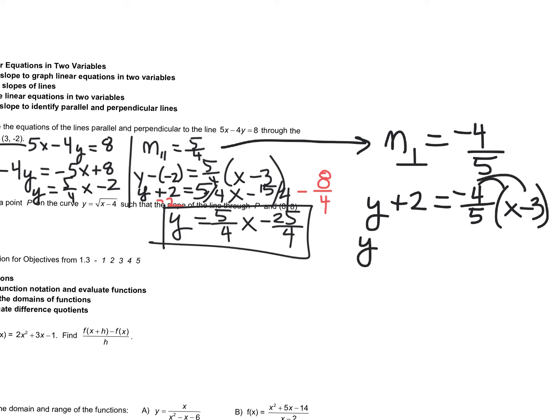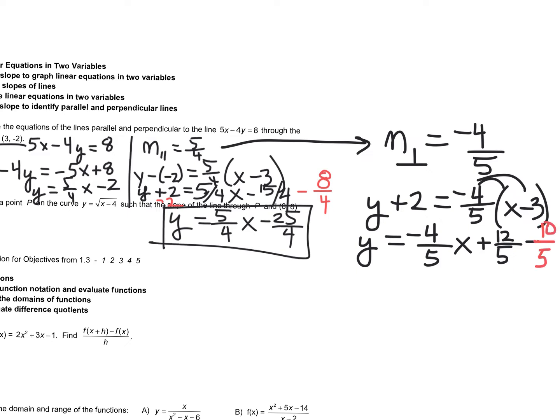So I have y plus, oh, actually I'm going to try to do this all in one fell swoop. So I'm keeping that minus 2 in my mind. I have negative 4 times negative 3 gives us a positive 12 over 5. And remember, we are subtracting the 2, and I want a denominator of 5, so I'm just going to write the 5 right away.